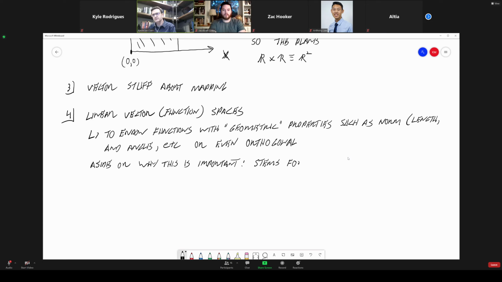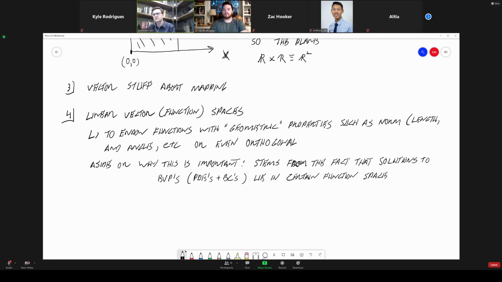It stems from the fact that solutions to boundary value problems, like PDEs plus boundary conditions, lie in certain function spaces. This stuff is going to be a little Greek.